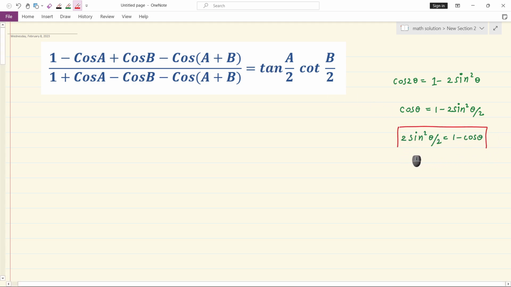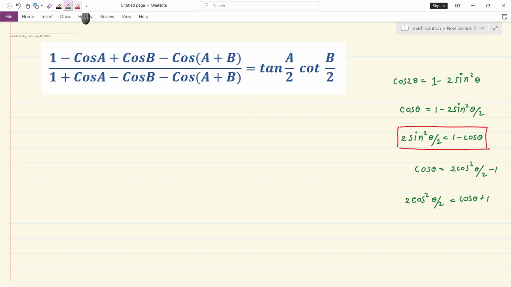And the next one we also have. Similarly, the cos theta formula is 2 cos square theta by 2 minus 1. This is also a formula. From this we can make our new formula: 2 cos square theta by 2 equals cos theta plus 1.